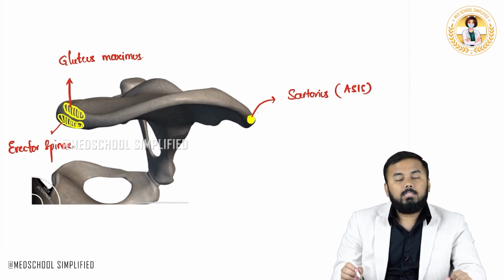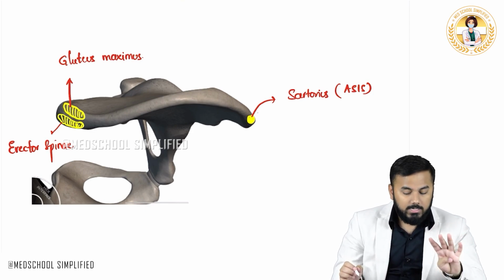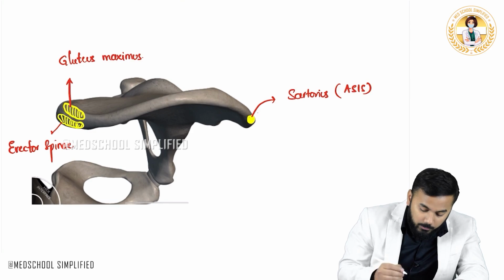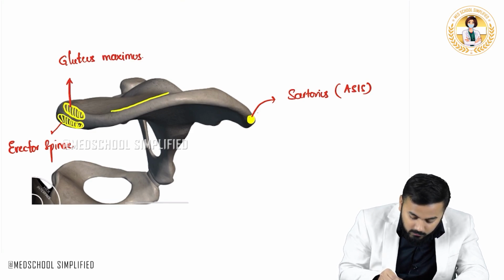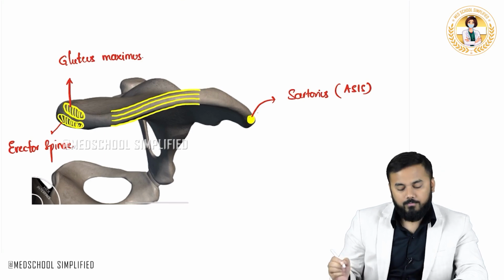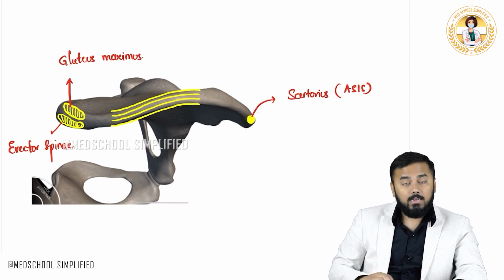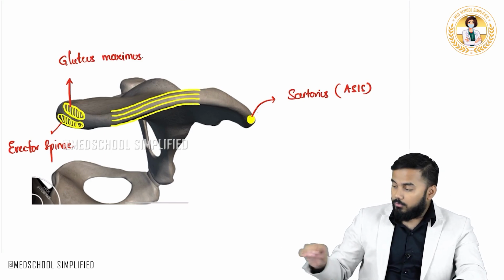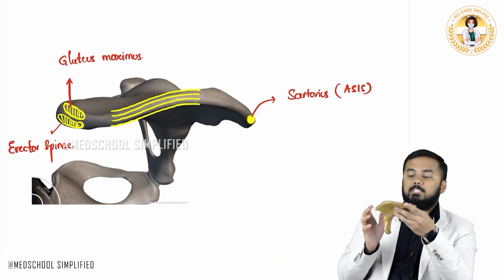In this iliac crest, there are four important muscles that are attached. Now, what are these four important muscles? See here, this is one. Next, we have two, next three, and next four. From where did I start drawing these lines?